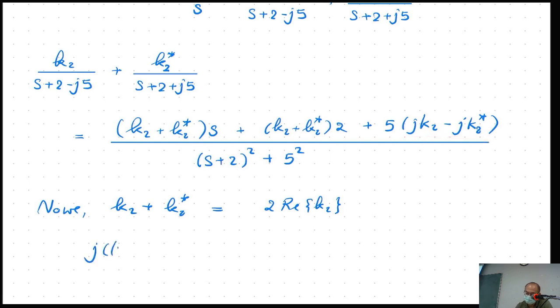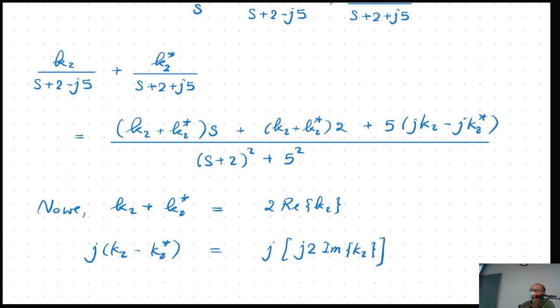J times K2 minus K2 star. Now, if we subtract two complex conjugates, what are we going to get? We're going to get 2J times the imaginary part of K2, right? So we're going to get J times 2J times the imaginary part of K2.